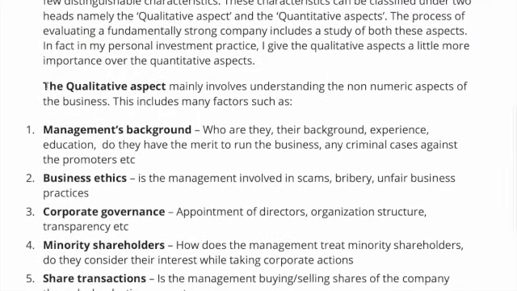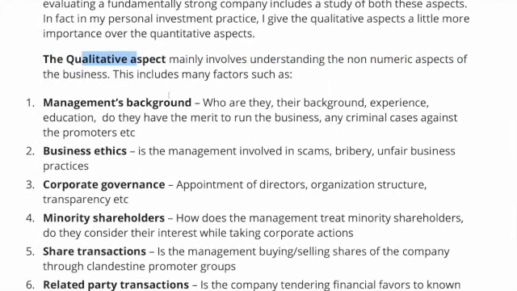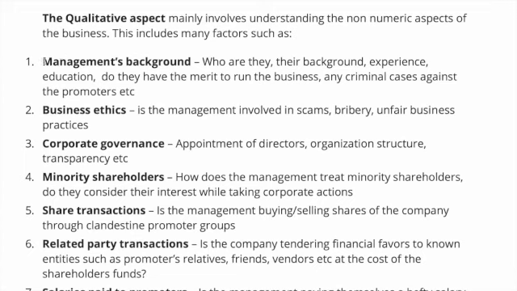So let's define the qualitative aspects. Qualitative involves the non-numeric aspects. So we're talking about management's background. Who's the CEO? Who's the founder? Who are they? Who is she?